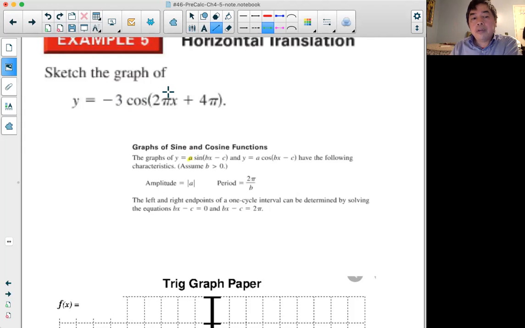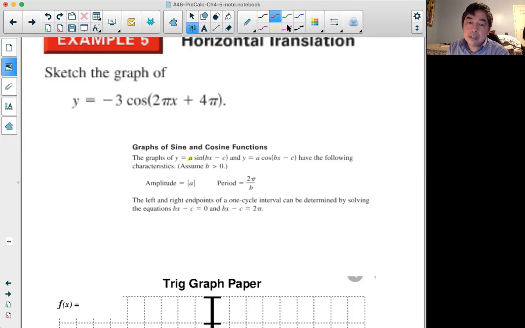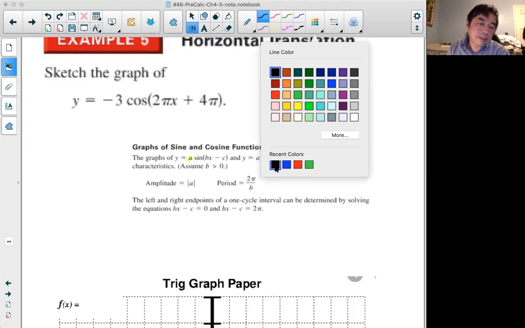So let's think about the parent function. When you hit the parent function, this cosine starts from 1. So let me write down with maybe black color.